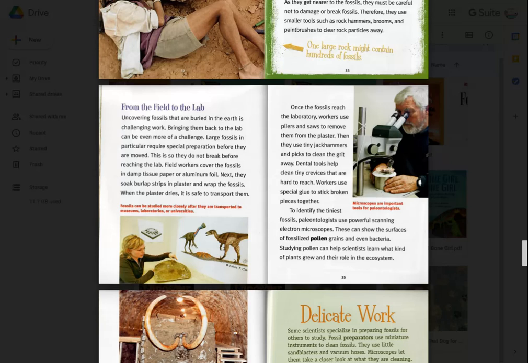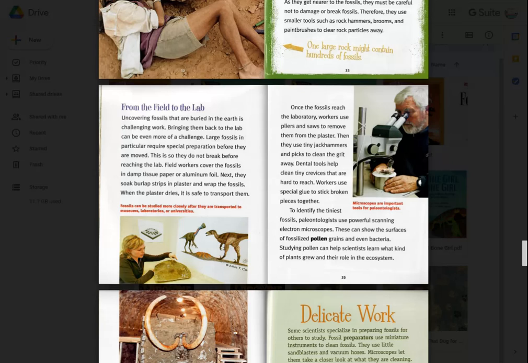Workers use special glue to stick broken pieces together. To identify the tiniest fossils, paleontologists use powerful scanning electron microscopes. These can show the surfaces of fossilized pollen grains and even bacteria. Studying pollen can help scientists learn what kind of plants grew and their role in the ecosystem.